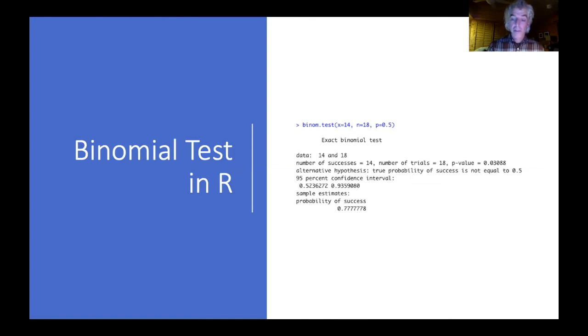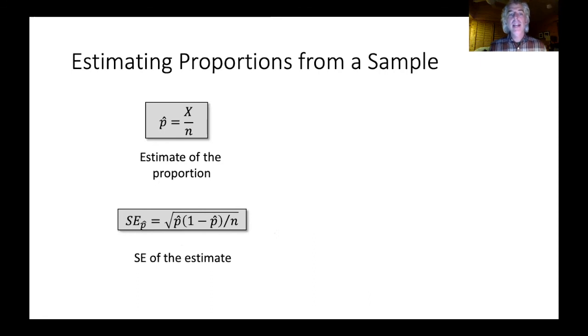to 0.5. In addition to providing an estimate of the proportion in the true population, our statistical sample can also allow us to quantify precision around that estimate as a standard error. So we can calculate the standard error of our estimate of the proportion using this equation that's shown here.